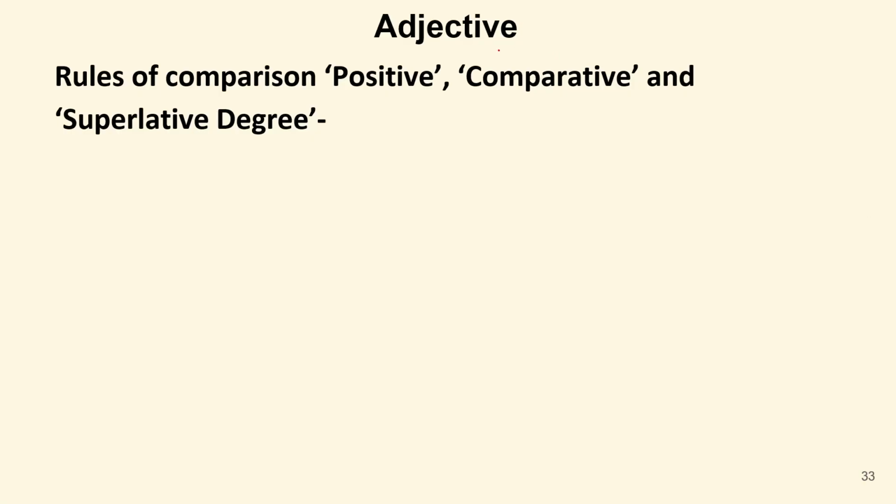Now, what are the rules of comparison, positive, comparative, and superlative degree? Let's take some examples. Suppose I say Ravi is as intelligent as Riya. Now, in this sentence, we can see that there are two persons that are being compared with each other, but on the same level, on the same extent.